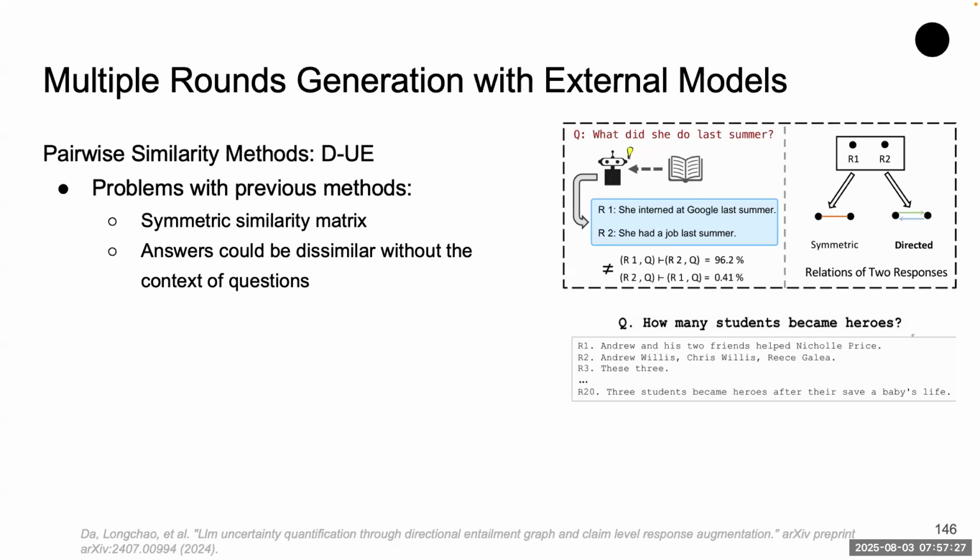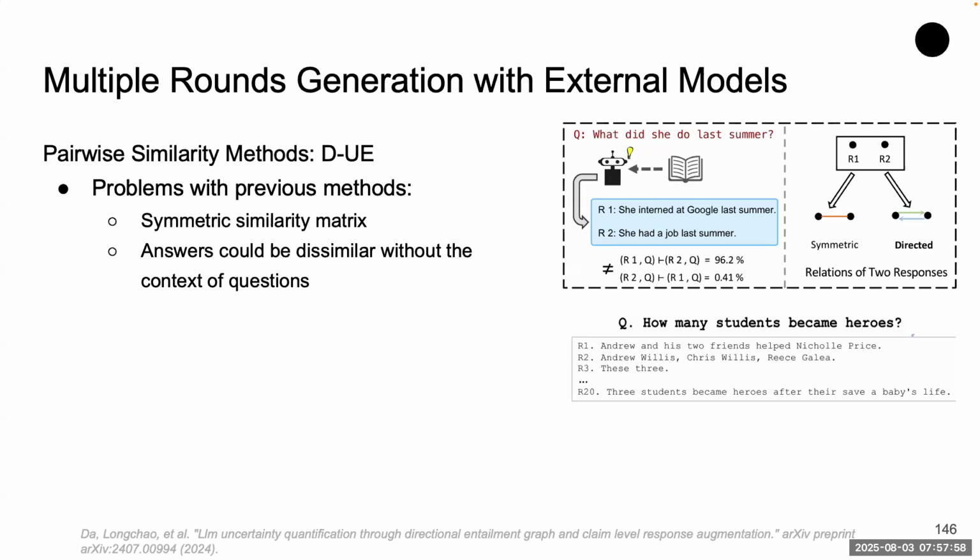One can entail two does not necessarily mean that Q can entail P, right? So in this kind of method, DUE, they're considering the asymmetric similarity matrix, which basically says considering these asymmetric similarities or entailment relationships between two answers, two sequences.